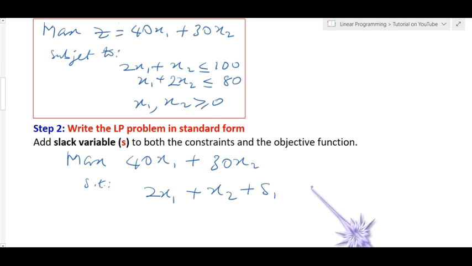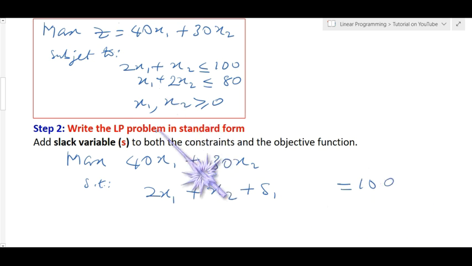We're going to add another one here later, so let's give a space here, equal to... We are converting the less than or equal sign to an equality sign. Therefore, we add a slack variable. For the first constraint, slack variable S1. So you have 100, write 100 there.